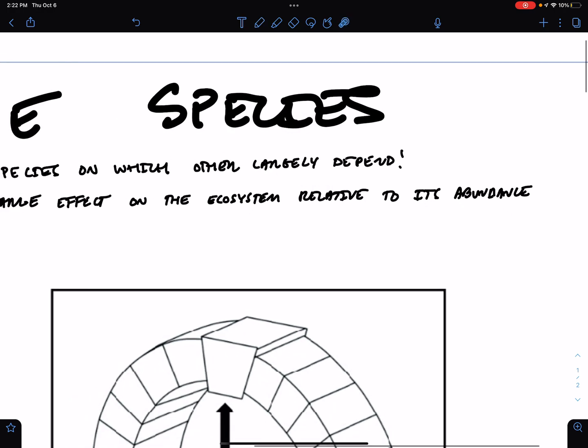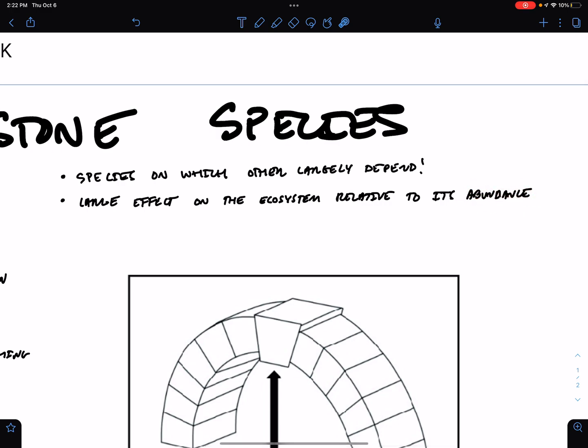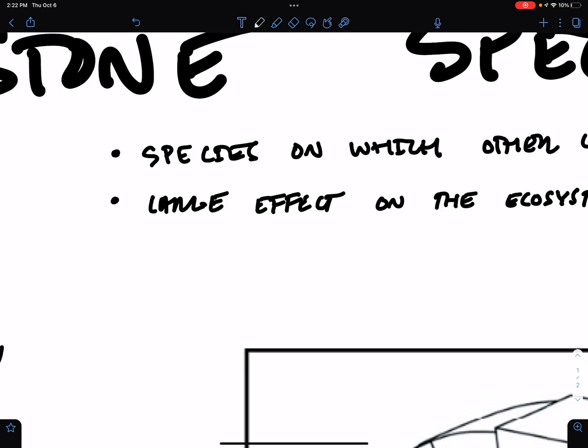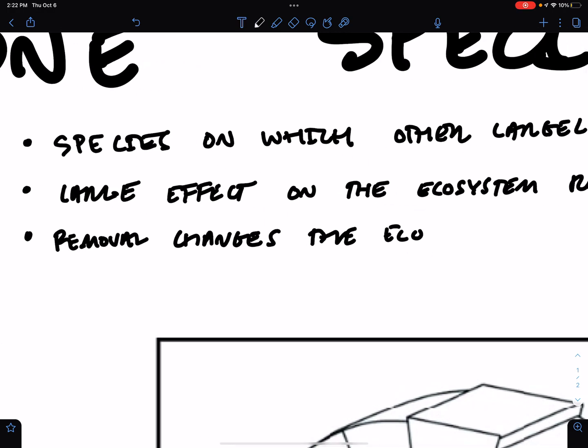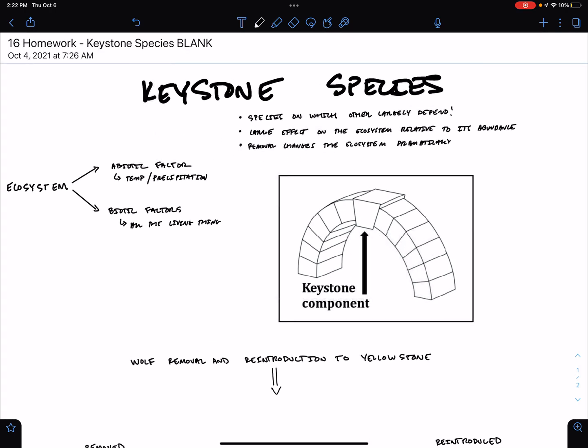So there might not be a lot of this thing, but relative to how much there is, there's a large impact on the ecosystem. And the removal changes the ecosystem dramatically.